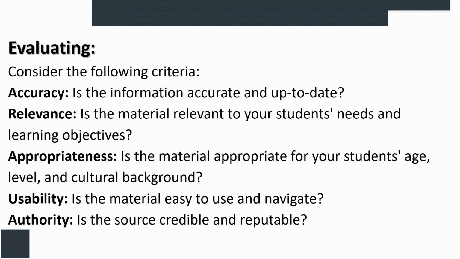The material you selected, you have to check whether it is relevant to your students' needs and learning objectives. And appropriateness. There may be very good material, but you have to check whether it is appropriate for the age level and cultural background of your students. What is appropriate to the Western world may not be appropriate to the Eastern world.